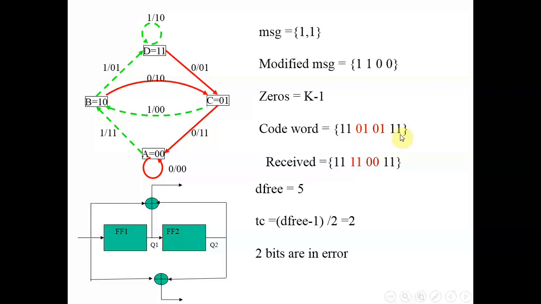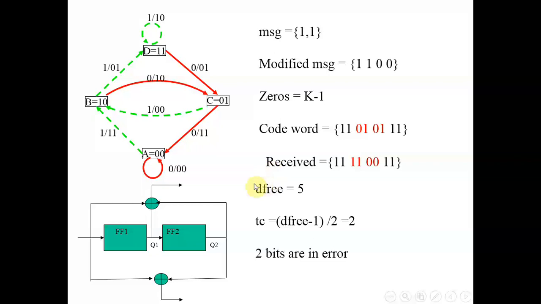Now what we are going to assume is the received code word is 11110011. So we introduce error at 2 different locations. This 0 is changed to 1 and then this 1 is changed to 0. Why are we introducing an error of 2 bits? Because this convolution encoder has an inherent capability of correcting 2 bits of error.